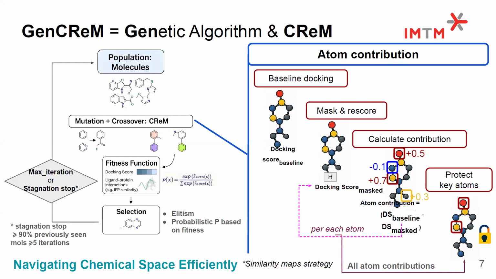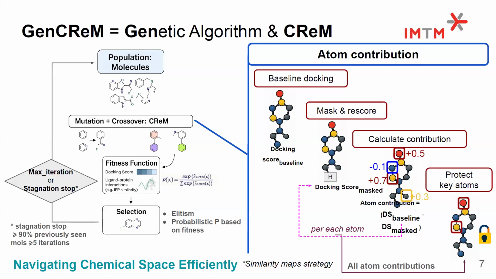We have our molecules, then we mutate or crossover them, and then we evaluate the newly generated molecules by the fitness function. So far, we introduced docking score, ligand-protein interaction, similarity score, and RMSD, but it can easily be expanded to any other terms.